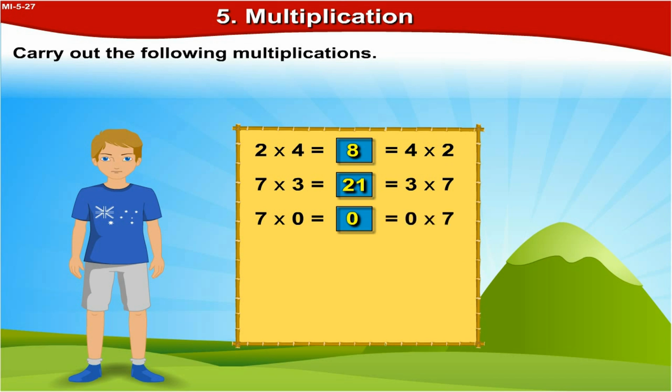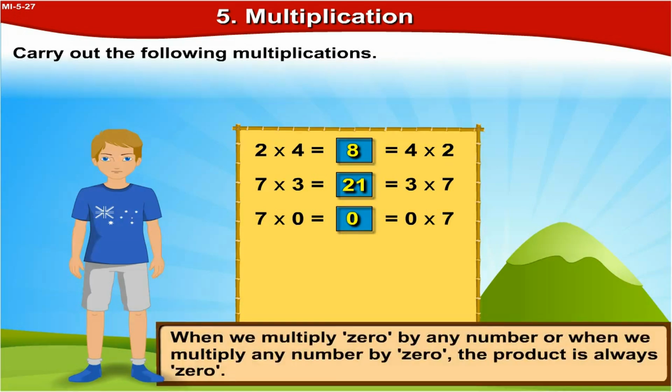And 0 is equal to 0 multiplied by 7. As you've already read, if we multiply 0 by any number, or when we multiply any number by 0, the product is always 0. 8 multiplied by 0 is equal to 0. 0 is equal to 0 multiplied by 8.